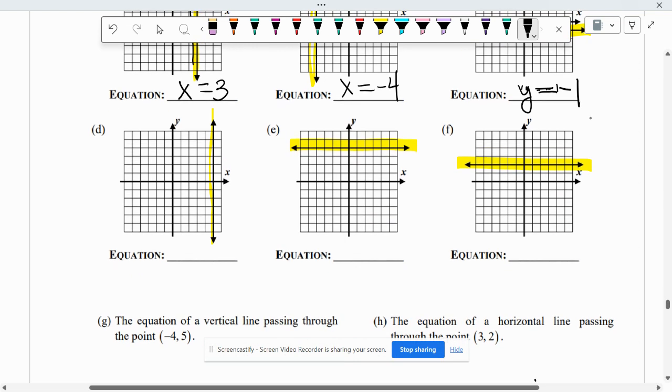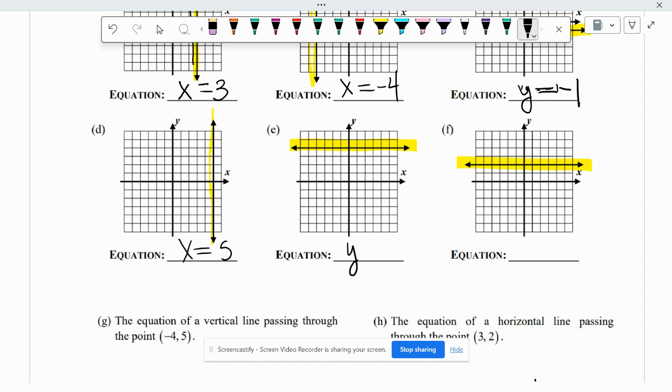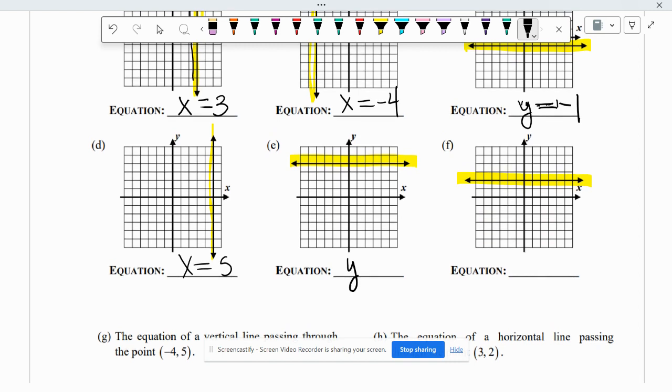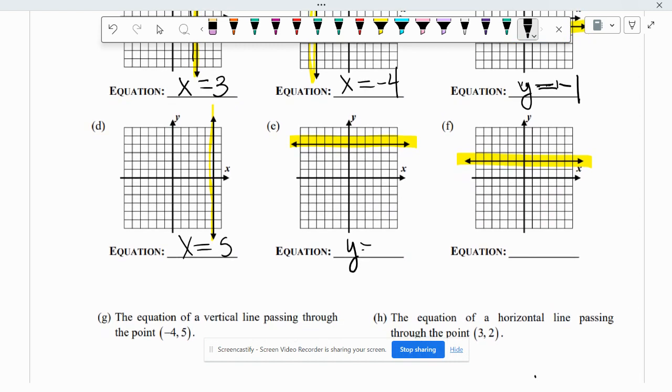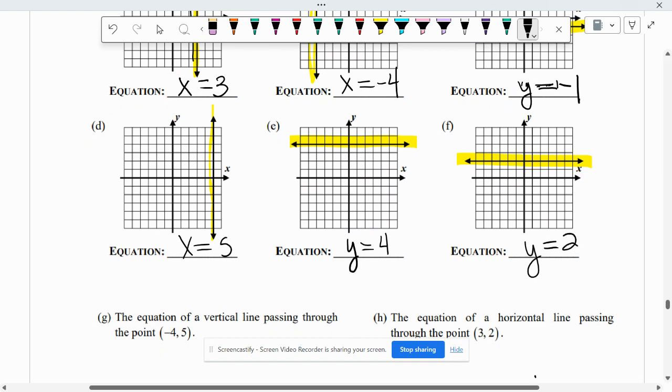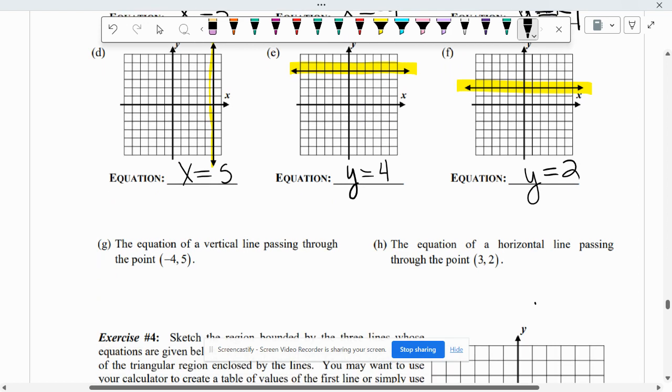Garrett, what'd you get for equation D? X equals 5. Perfect. Rosa, what did you get for equation E? Y equals what? Perfect. What'd you get for F, Hannah? Perfect. Y equals 2. All right.